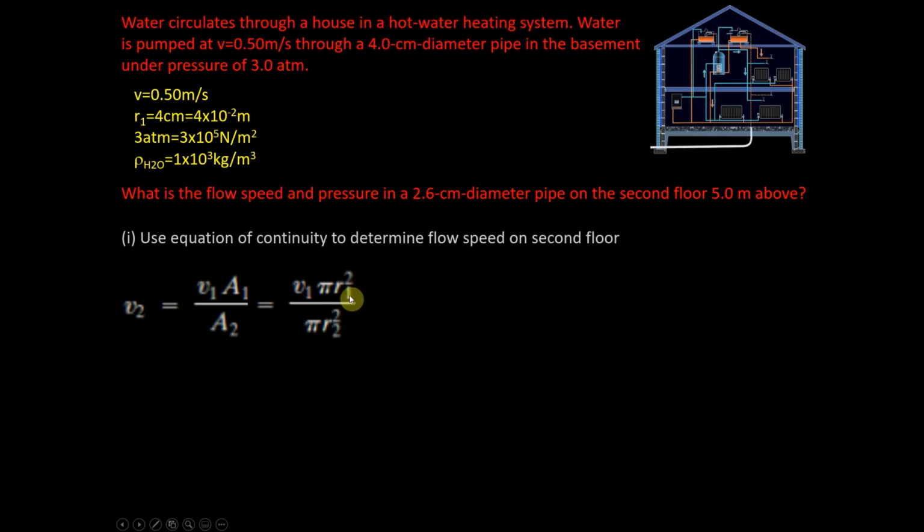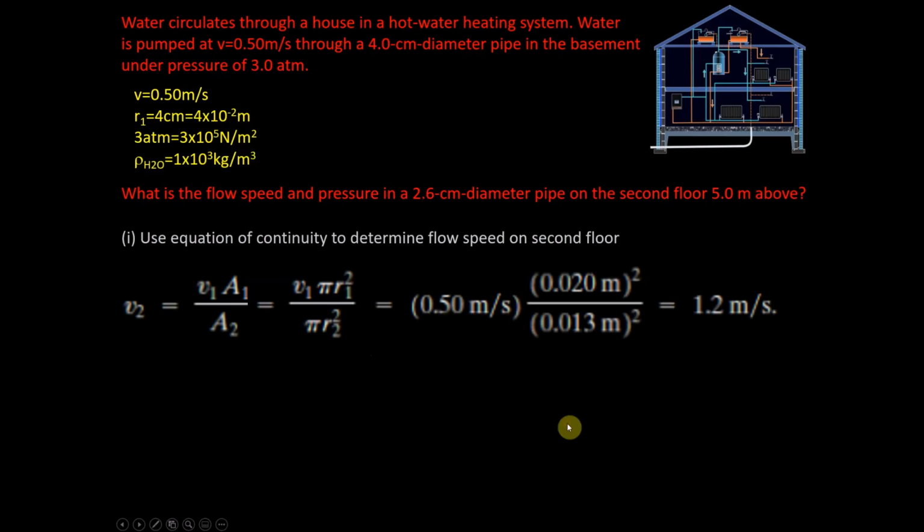A1 will be pi R1 squared, and A2 will be pi R2 squared, where R1 is the 4 centimeters and R2 is the 2.6 centimeters. Substituting in here and then calculating through, of course these are r squared times pi, will give us about 1.2 meters per second. Here's our velocity, here's our pi r squared for R1, pi r squared for R2.